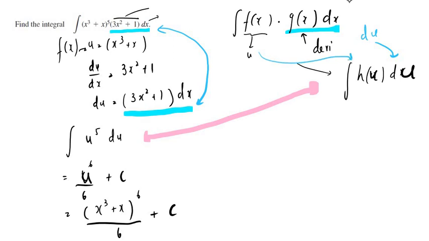That is the sole purpose of substitution, and you can do the substitution when one function is a derivative of the other. So you need to always think of what is a derivative of the other. You take the function as u, then differentiate it and call that du. Okay, let's do another question.